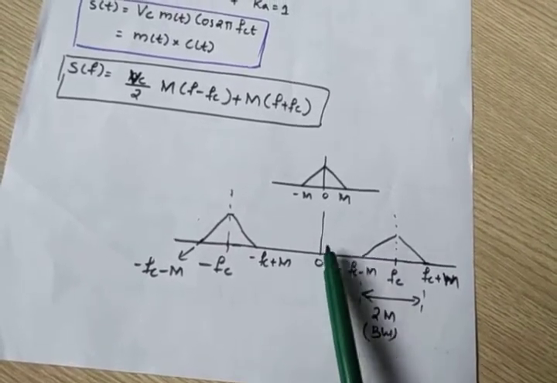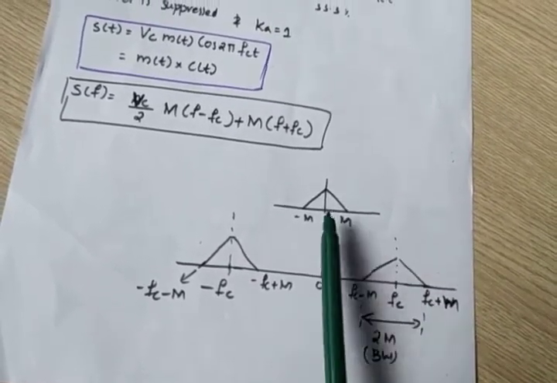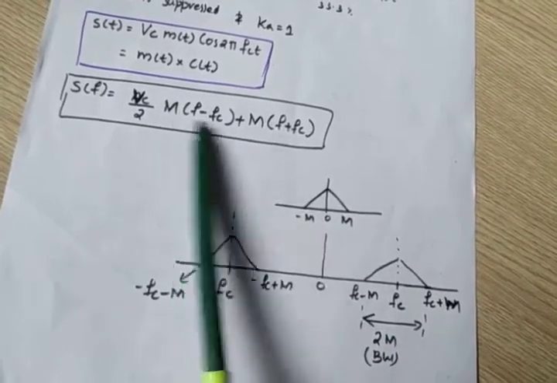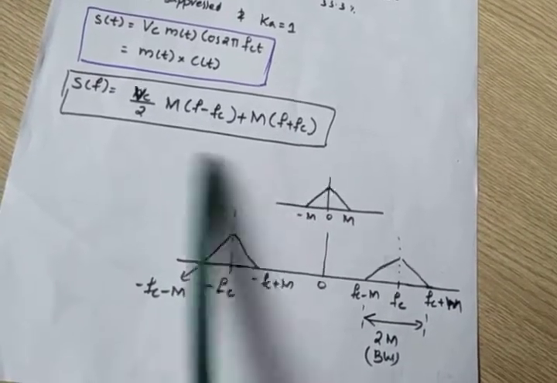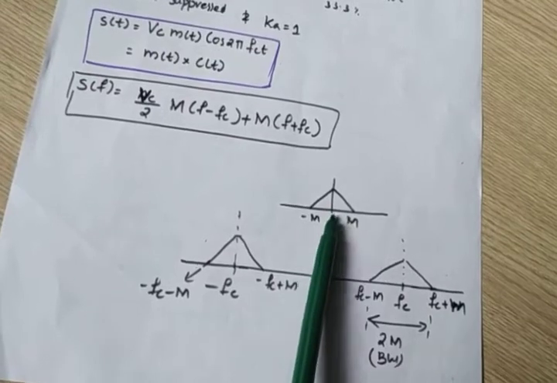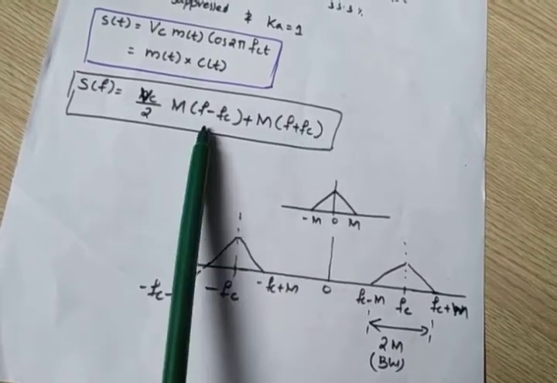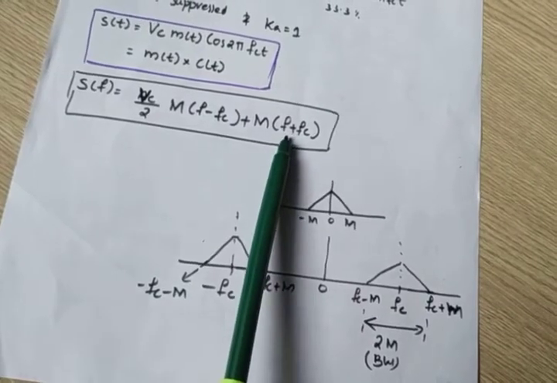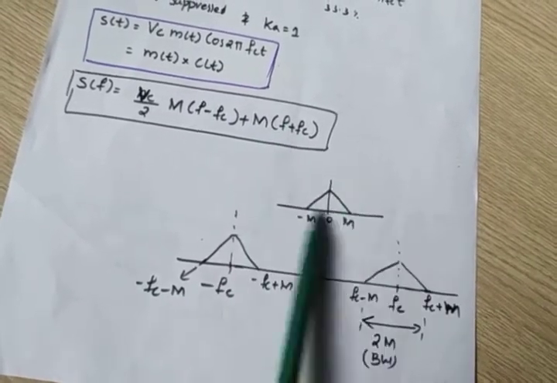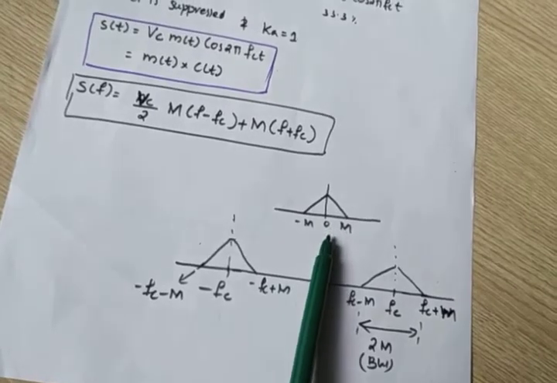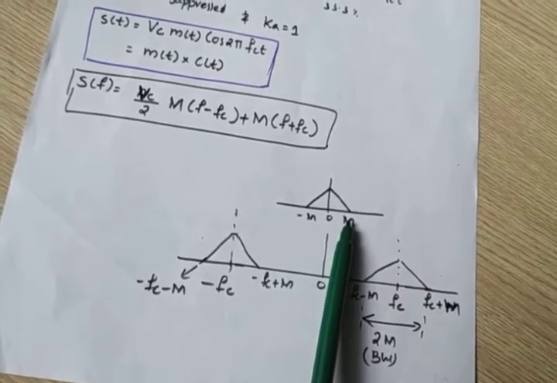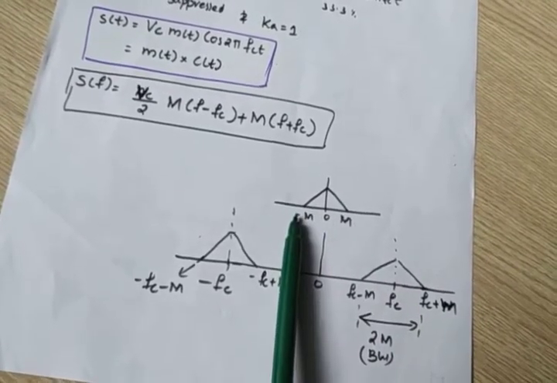In order to draw this spectrum, you just take this expression. This is our spectrum of the message. Here we know that it is replicated at f plus fc and f minus fc. Here f is the message frequency, the center frequency is 0, with higher frequency plus some and lower frequency minus some.